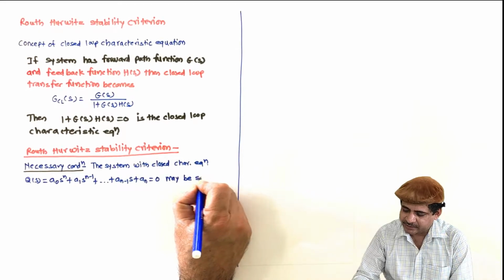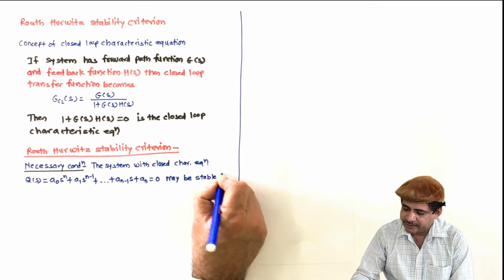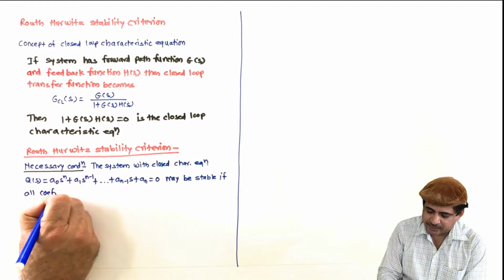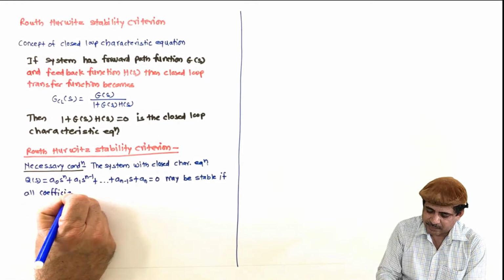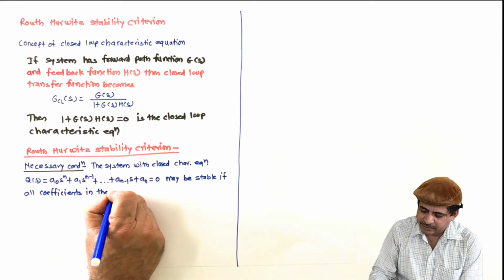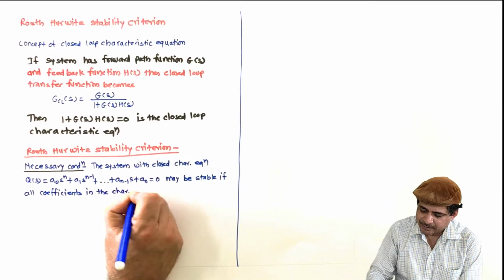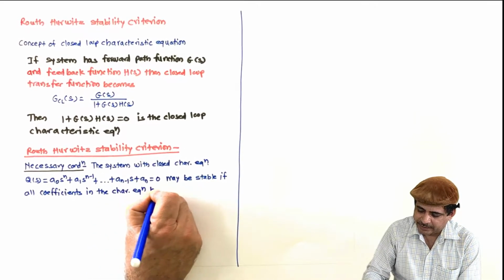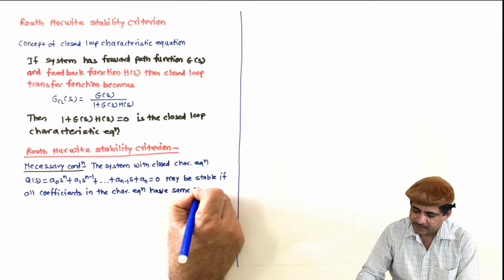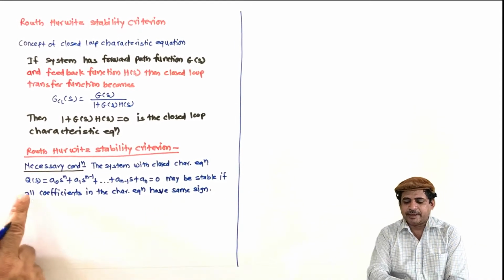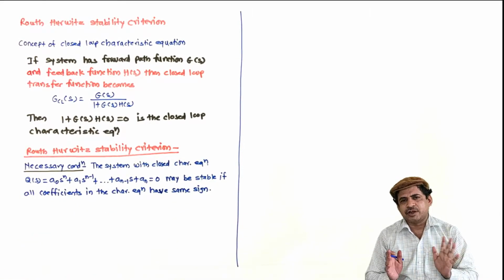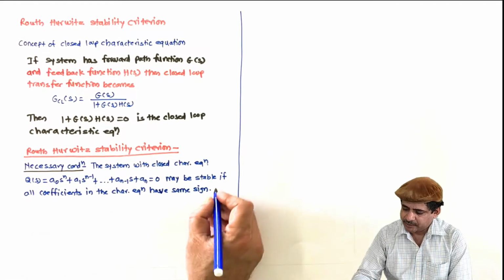So this system may be stable if all coefficients in the characteristic equation have the same sign. So the sign of a0, a1, and so on up to an must be the same, whether positive or negative, but it must be the same.